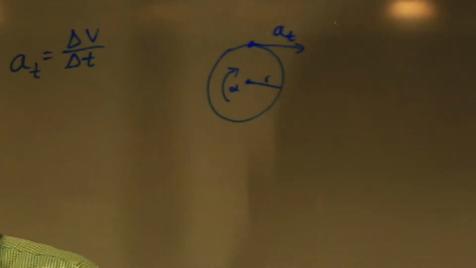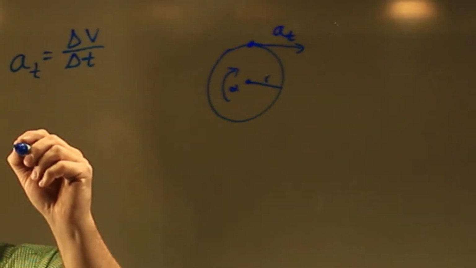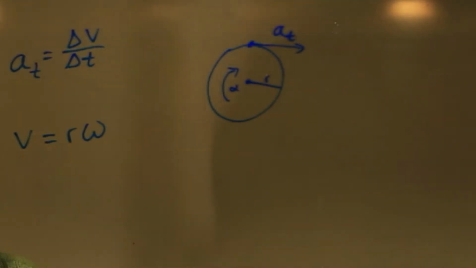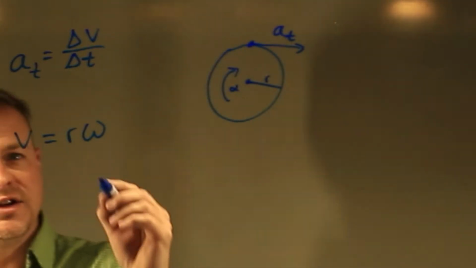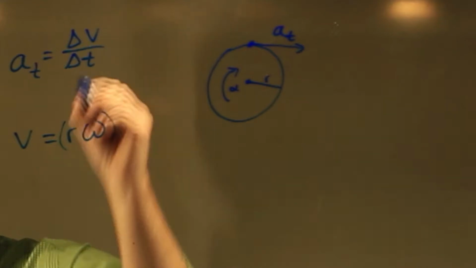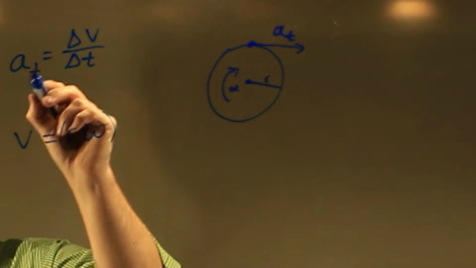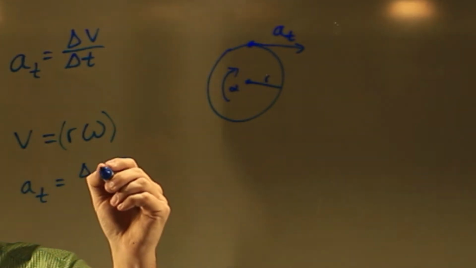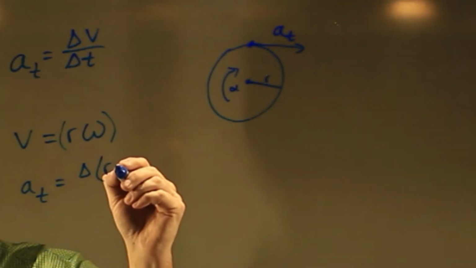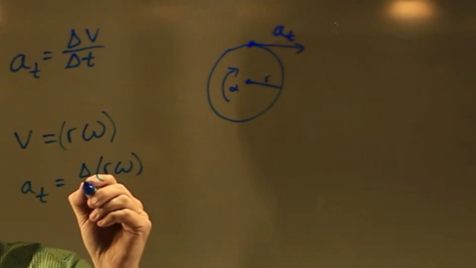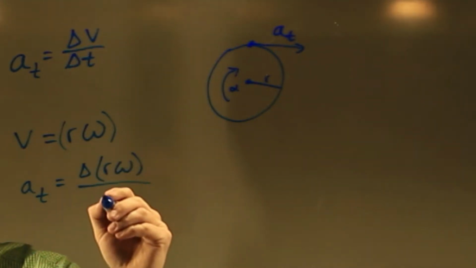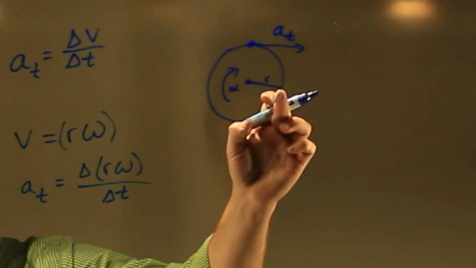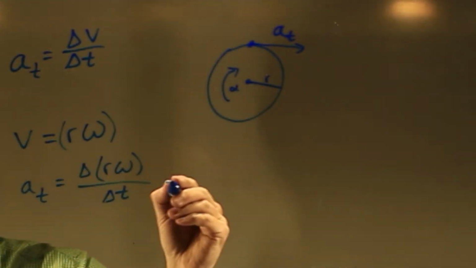And so how are these related? Well, we have our velocity equals the radius times the angular velocity, and so I can substitute this into my tangential acceleration formula. So I have a sub t equals the change in radius times angular velocity over change in time. Well, the radius isn't really changing, so I can pull that out.